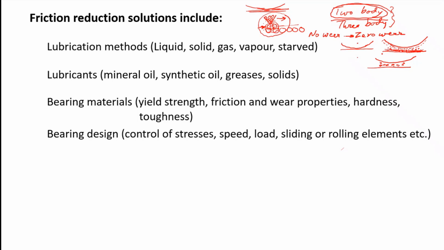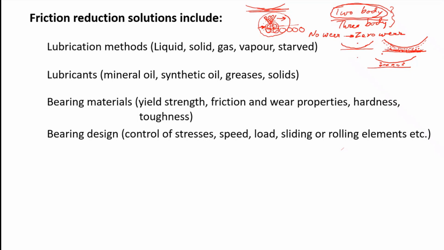We may start as two body interaction, but it changes to three body interaction because there will be some wear debris particle formation, right? So either we put the third body by ourselves, for example, lubricant or some powder, or abrasive particles. Maybe it is coming from outside, let's say from the dust.